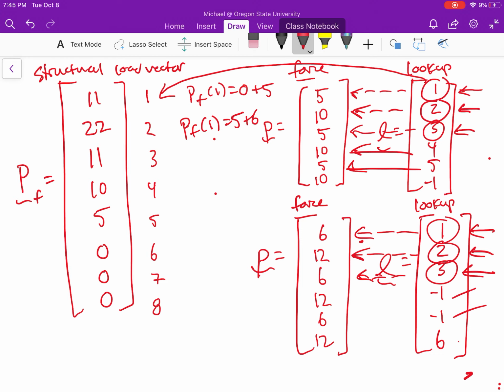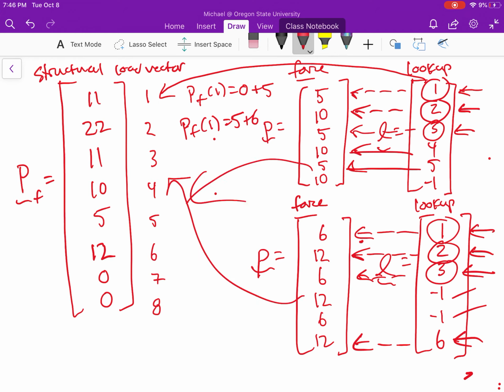Then for entry 6 in the lookup vector, we add 12 to the current value, so the 6th entry goes from 0 to 12. And there are going to be more elements. We're just looping through all the force vectors and looking at the corresponding lookup vectors.